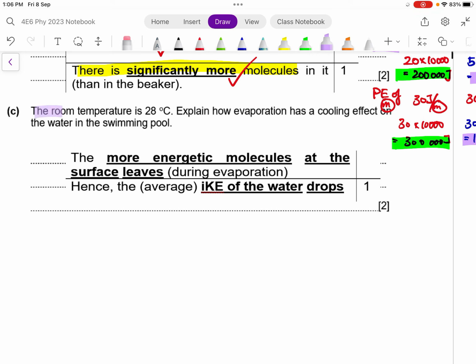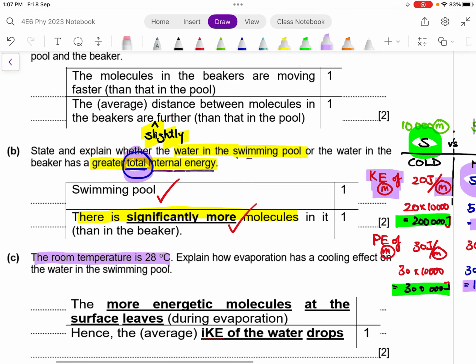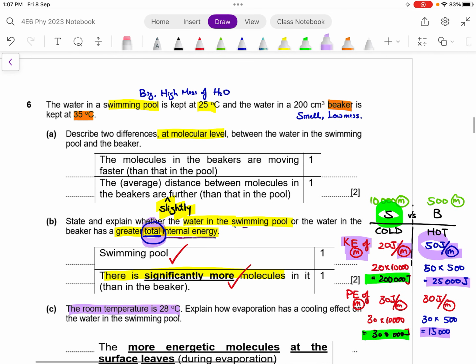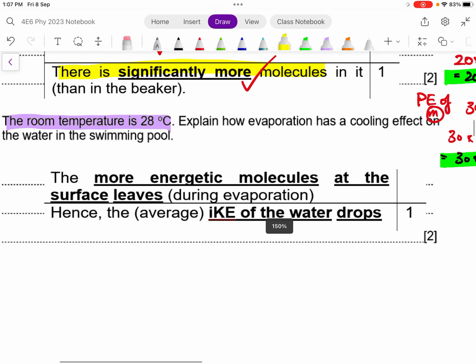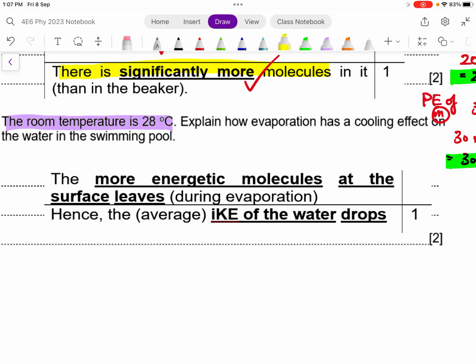The misdirection that I embedded here is, I purposely give you a higher temperature to guide you to use the words gain energy, because if you look at the question, the swimming pool is 25 degrees. So, well, it is gaining energy. But if you look at the evaporation process, in class we keep telling you, I don't want to see this word gain energy, because evaporation doesn't need to.